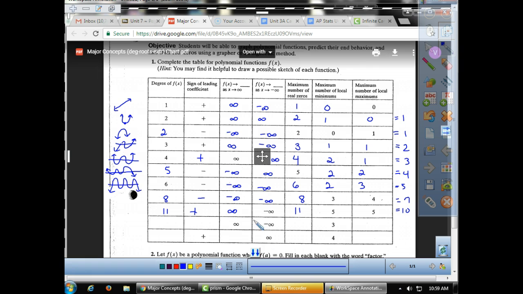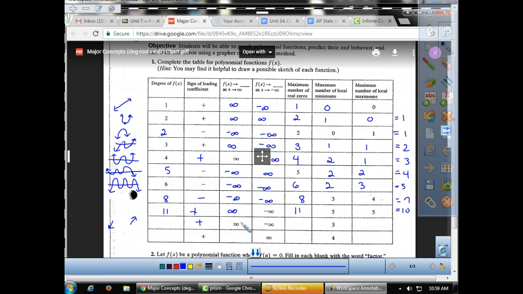Okay, now this one, the driving force here is the end behavior. It's an odd degree polynomial because I'm looking at this very next to the last one. And then the right side is going to go up and the left side is going to go down, meaning I know this is a positive leading coefficient. Okay. And what about the odd functions? What have we noticed? That the sign of the leading coefficient in the as x goes.